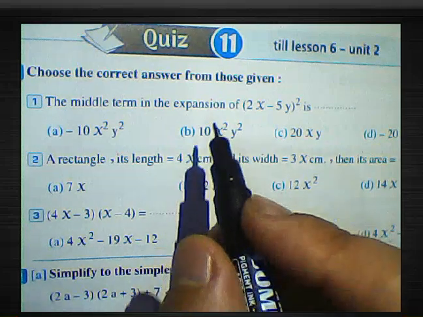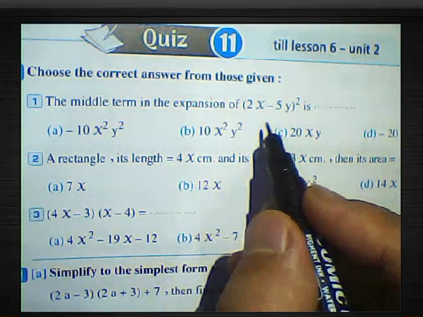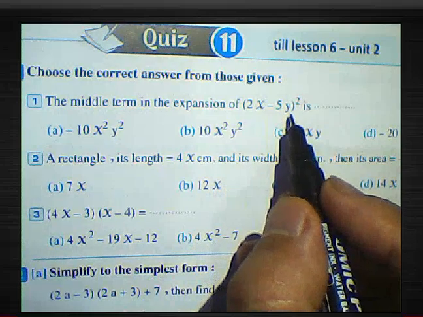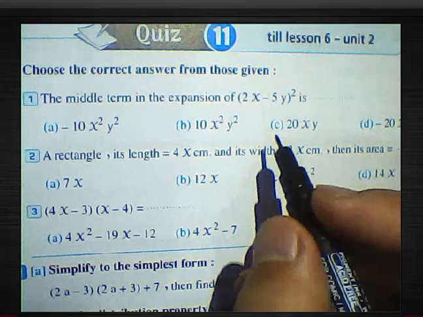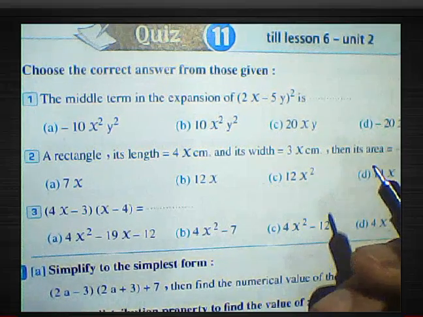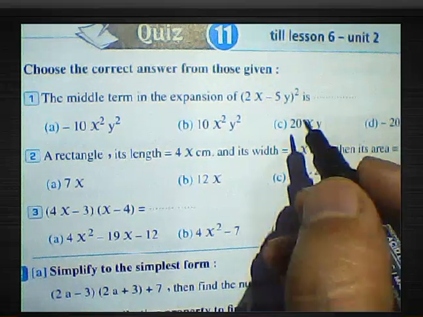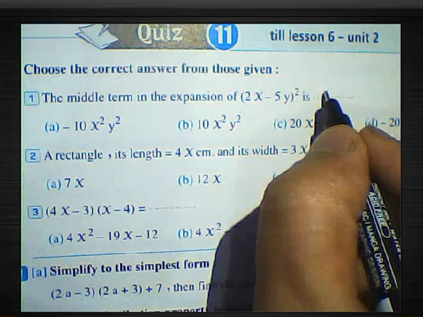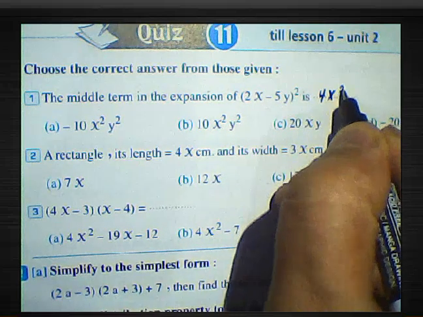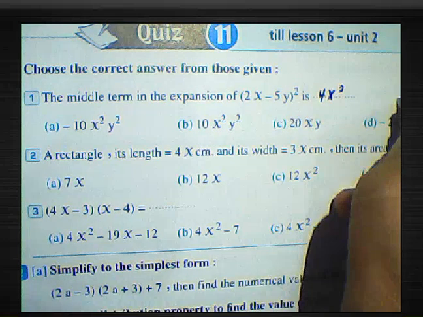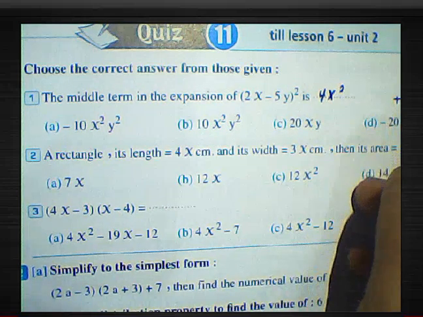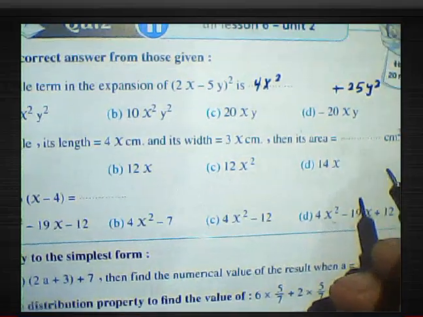The middle term in the expression (2x minus 5y) all power 2 is. We know we can simplify this expression: 2x power 2 equals 4x power 2, and negative 5y all power 2 will be positive 25y power 2.